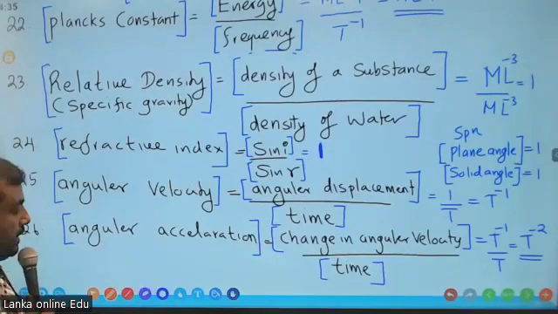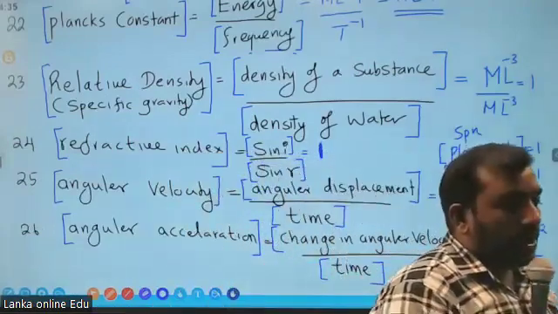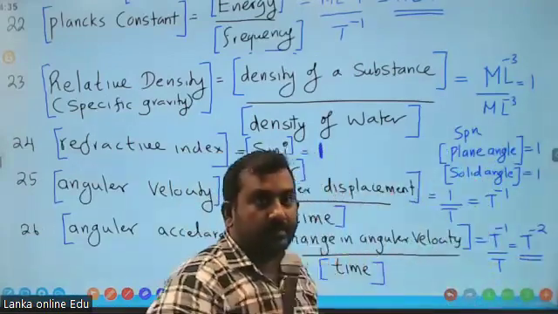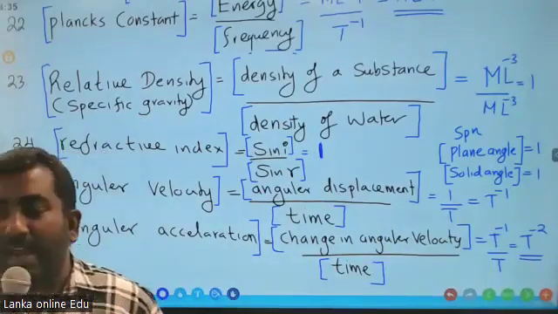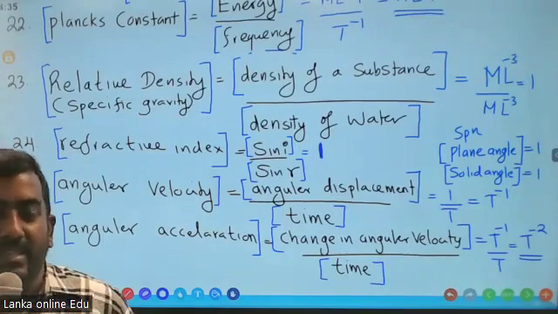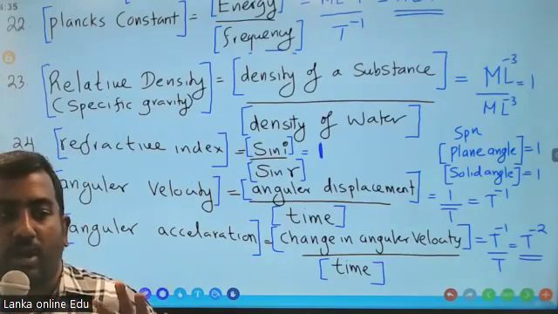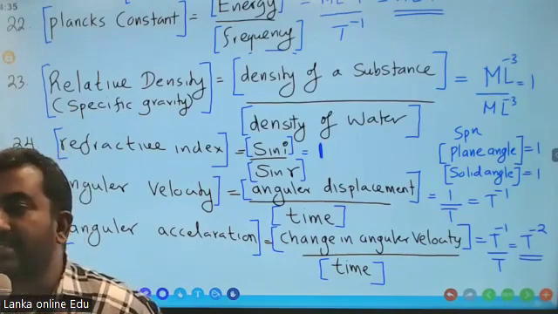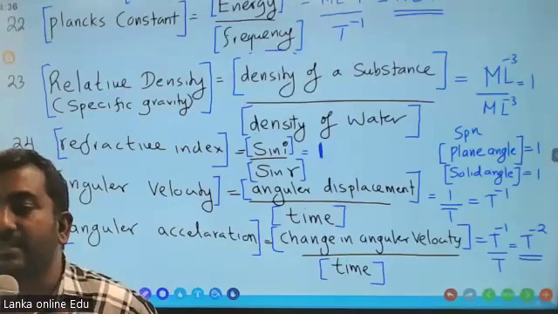Right now, look at the quantities which have the same dimensions. Speed and velocity. What else? Work done, kinetic energy, gravitational potential energy, torque. What else? Linear momentum, impulse. What else?